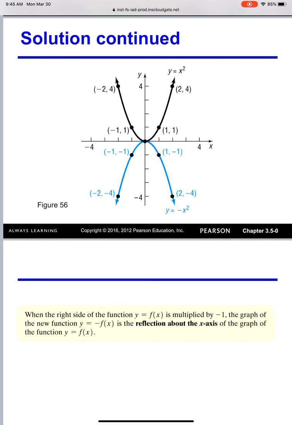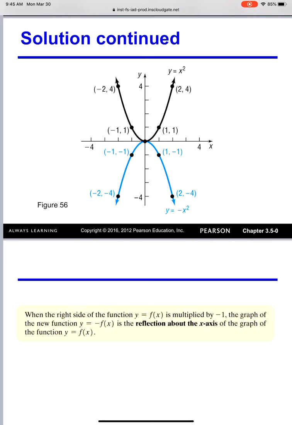Okay, so here you have a definition of reflection about the x-axis. So f of x is the original function, and if that original function is multiplied by negative 1, then the graph of the new function, which is negative 1 times f of x, is the reflection about the x-axis.